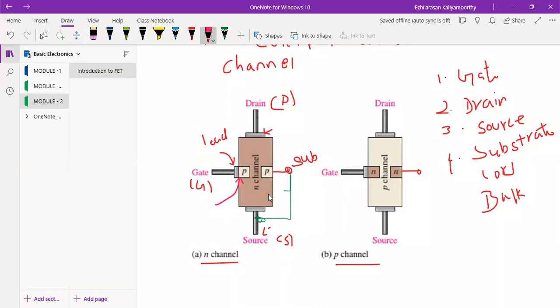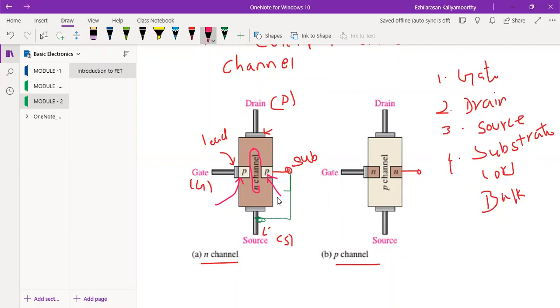The two P-type regions are diffused in the N-type material to form the channel. See, this is nothing but a channel. Through the channel only the current will flow. And both P-type regions are connected to the gate lead.